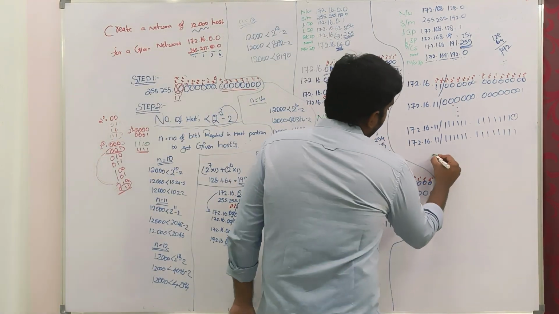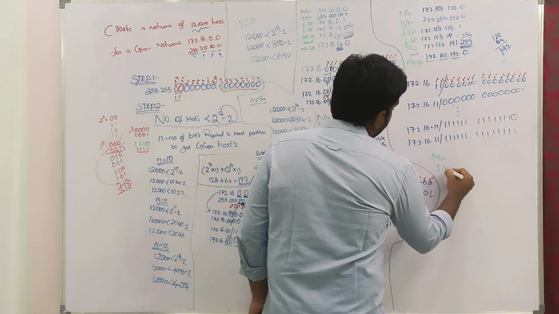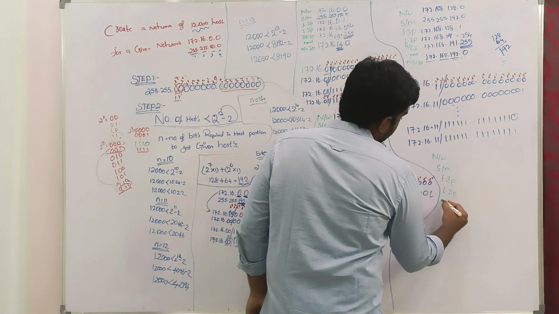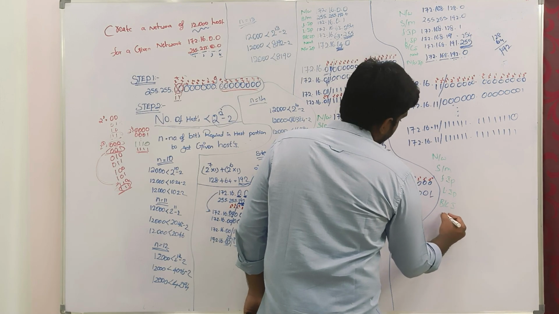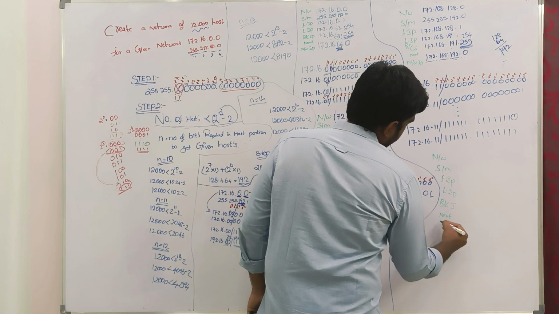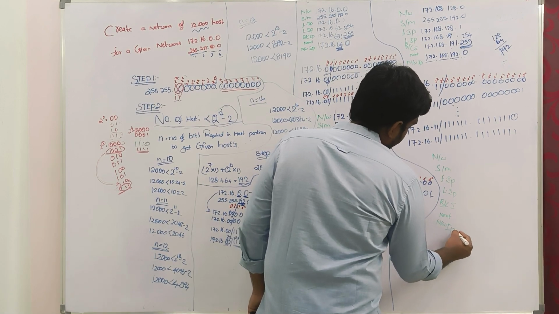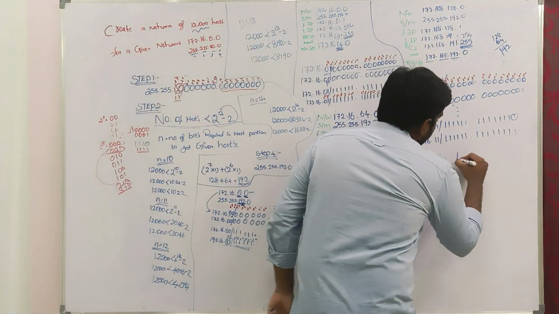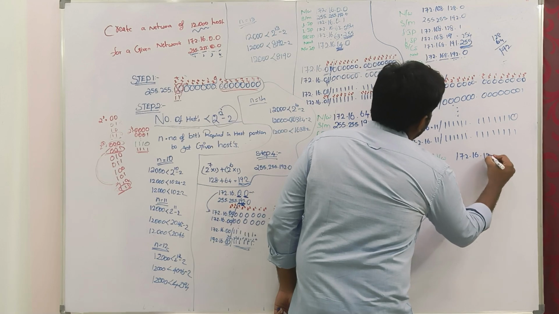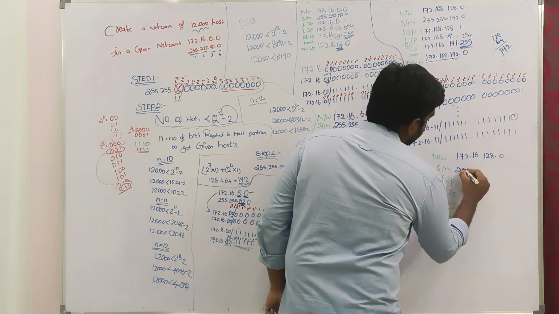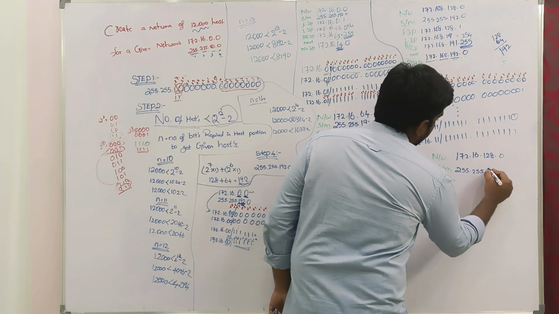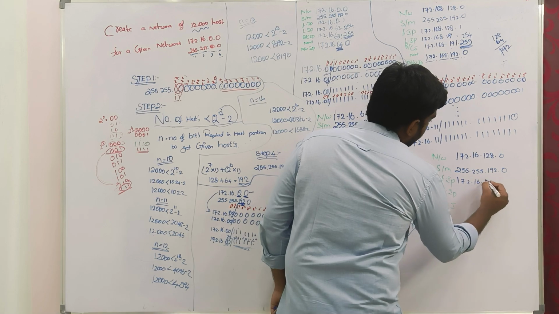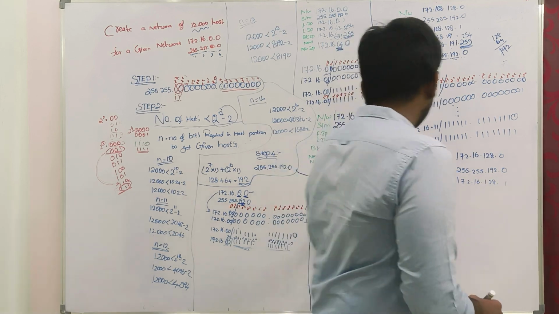Now you find the network IP, subnet mask, first IP, last IP, broadcast IP, and next network IP. The network IP is now 172.16.128.0. Subnet mask is 255.255.192.0. First IP will be 172.16.128.1. Find the broadcast IP.